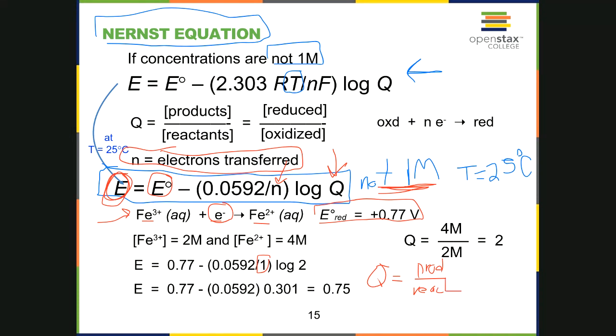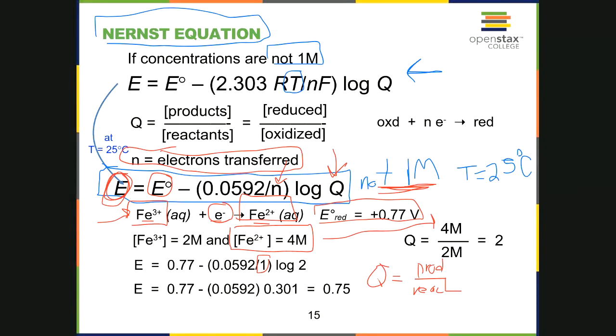So we are going to take the two concentrations. So our product is the Fe2 plus. So down here below it says, okay, the concentration of the Fe2 plus is 4 molar. So that's where this number comes from. Then our reactant is the Fe3 plus.